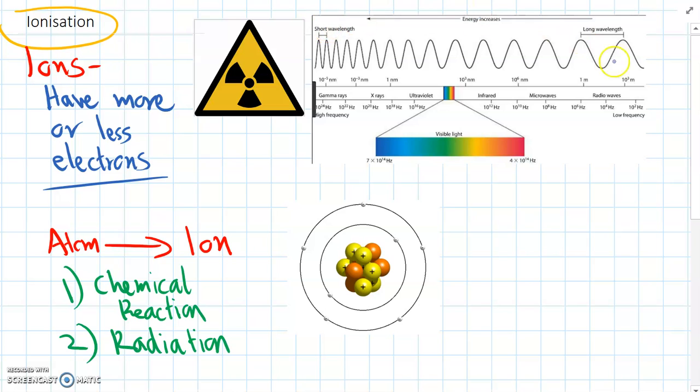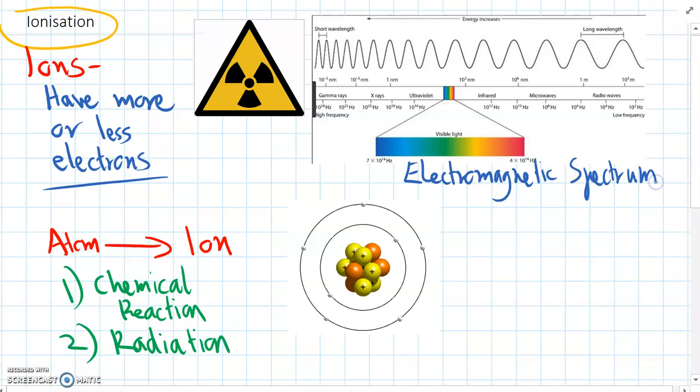So remember, here's our electromagnetic spectrum, which is showing all the types of light radiation or electromagnetic radiation.